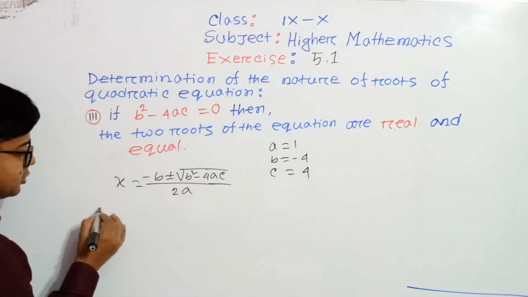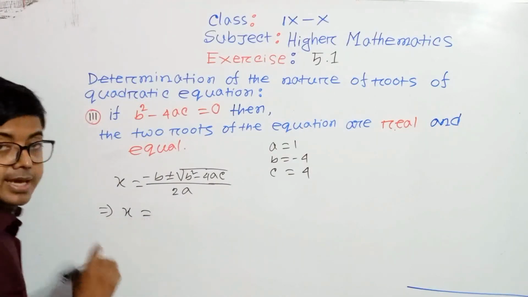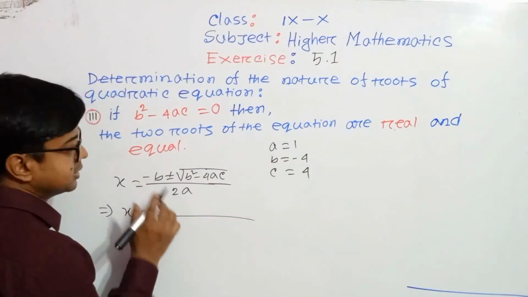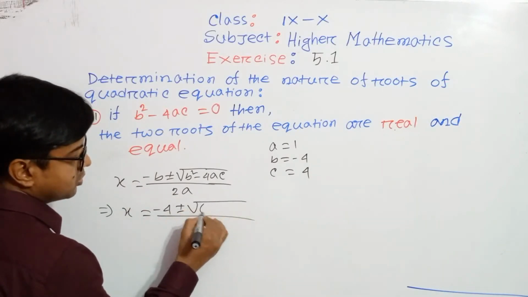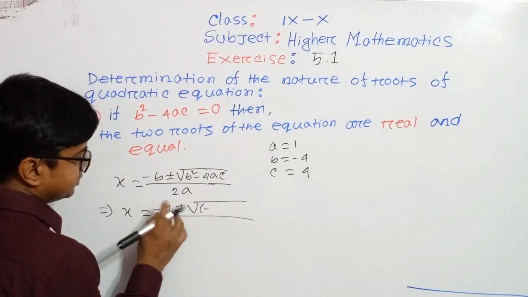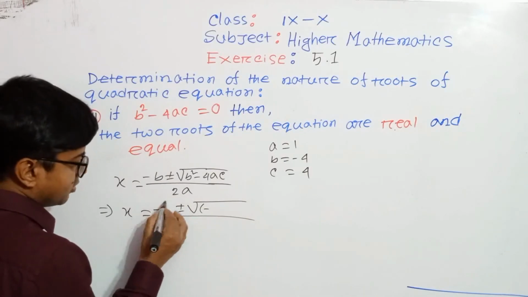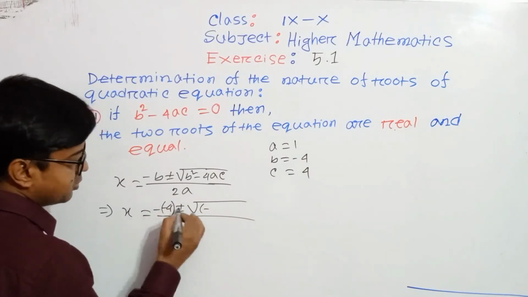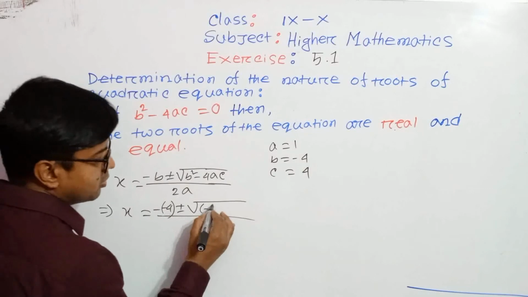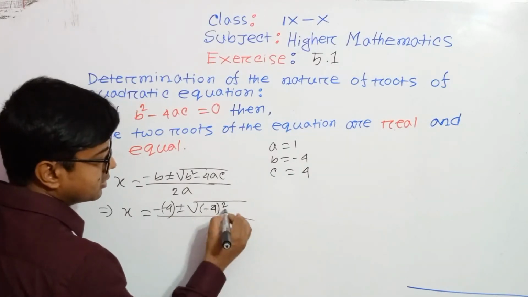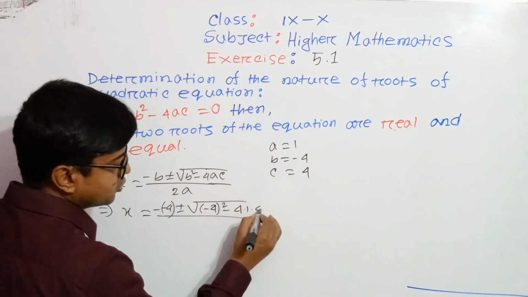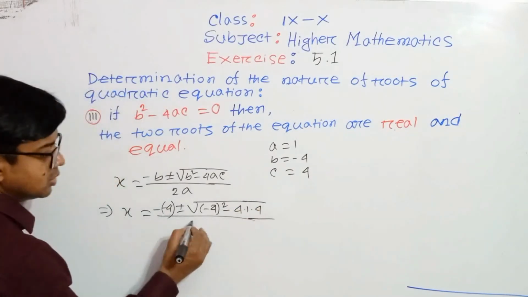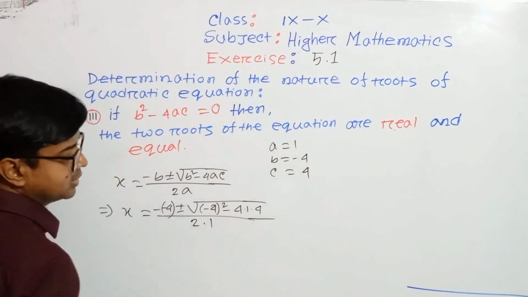Now putting these values in this equation, x equals minus of minus 4 plus or minus square root of minus 4 whole square minus 4 into 1 into 4, divided by 2 into a, which is 1.